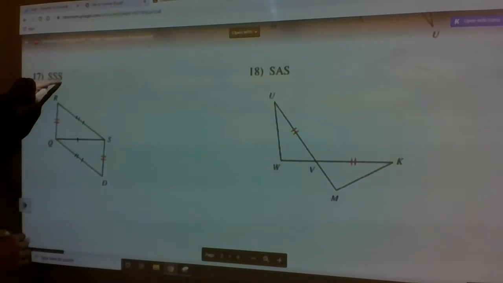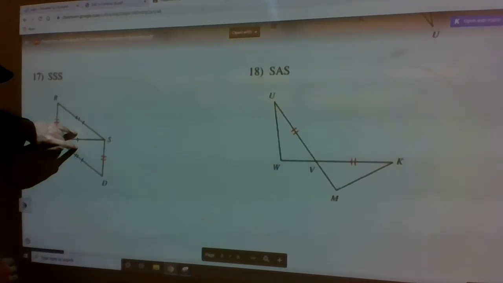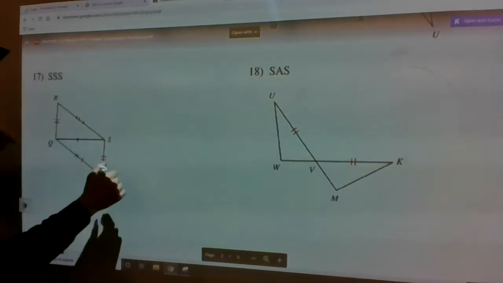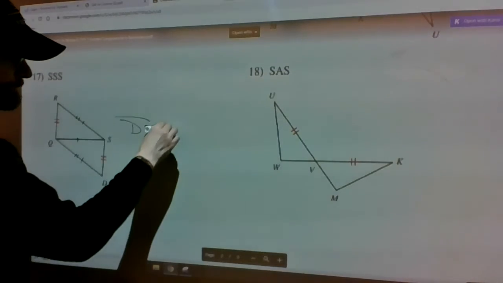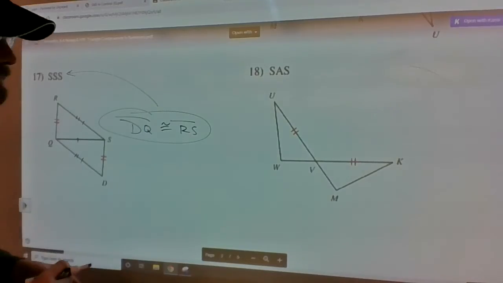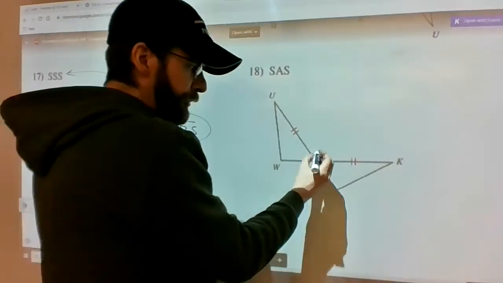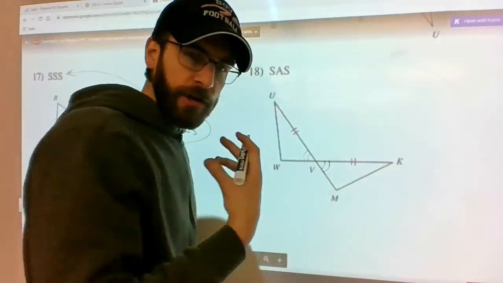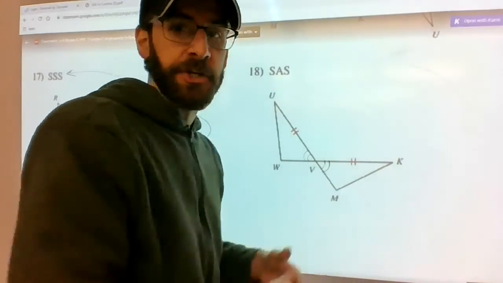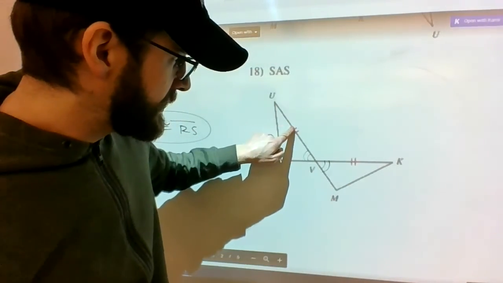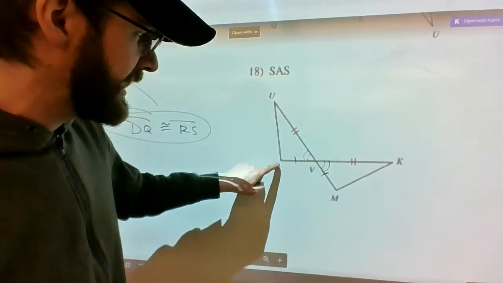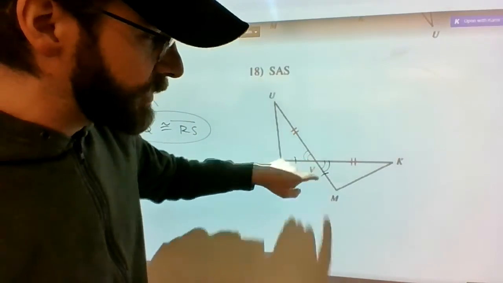So to get side, side, side, congruent to itself, side, side, side, we don't have DQ and RS being the same, so we'd have to state that. All right, class 1. Vertical angles are inherently true always, so you don't need to state that that's an initial given condition. However, side, angle, side would need to be stated. So you'd have to say WV and MV would have to be congruent.